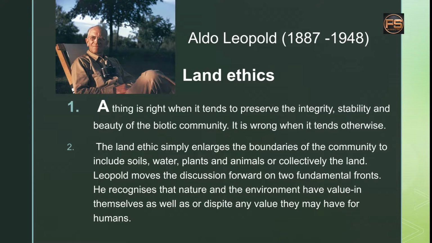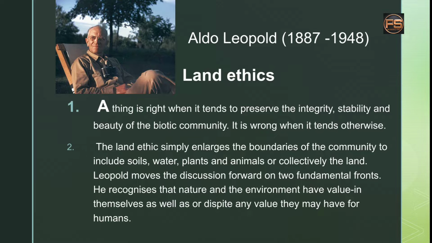Leopold offers an ecologically based land ethic that rejects strictly human-centered views of the environment and focuses on the preservation of a holistic or ecocentric approach. A year after his death, his son Luna edited and published the book. It is considered a landmark in the American conservation movement.